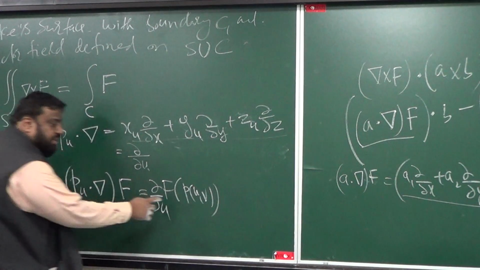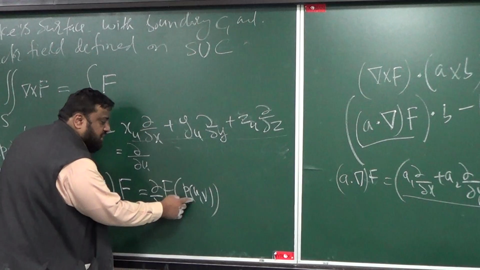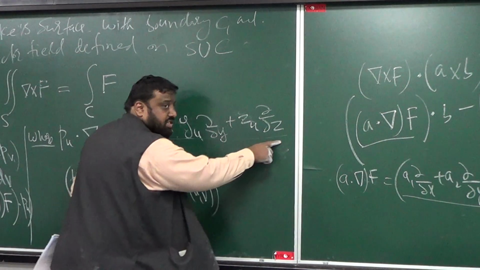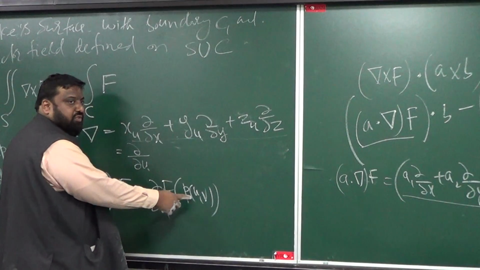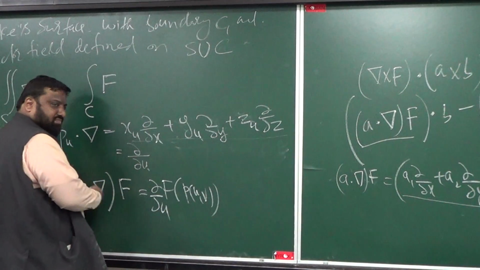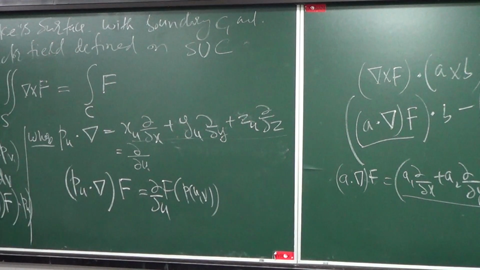So if you're going to write f in terms of x, y, z, you have to interpret it as this operator. But if you are purely writing it in terms of u and v, then this operator really means that you need to differentiate it with respect to simply u. Is that clear?